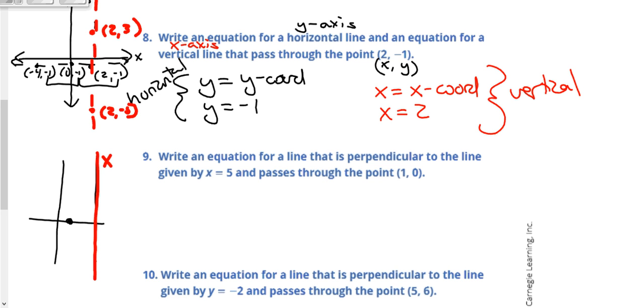So this is x equals 5, crosses the x-axis, a vertical line. And I need to figure out the equation of the line that passes through this point here and is perpendicular. So basically it's going to be a horizontal line. And this again is the point (1, 0).